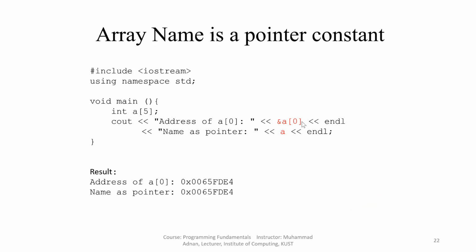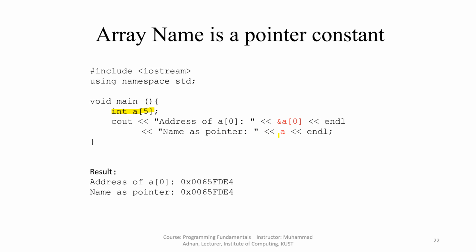Okay. Now we have another program. Array name is a pointer constant. Remember, array name is just another pointer. If you declare an array A, and you print the address of A using the ampersand sign with A[0], it will print the address of the first location.